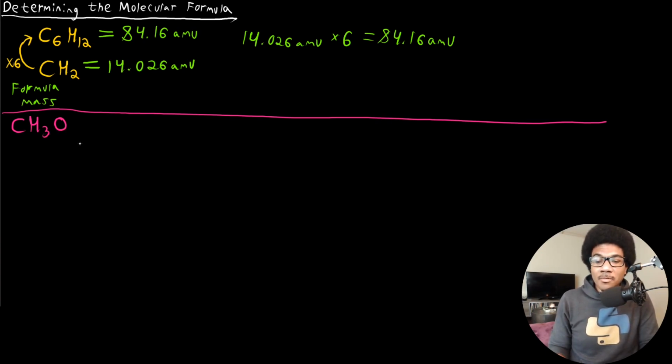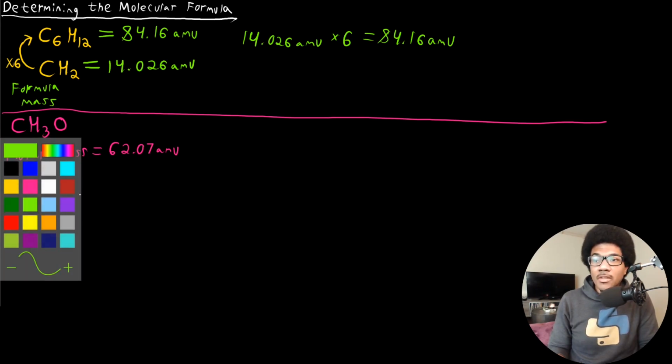So let's say we were to take that same compound, do a mass spec, and get the total molecular mass. Let's say that the total molar mass for our compound is equal to 62.07 AMU. We want to figure out the molecular formula given this empirical formula and this total molar mass.